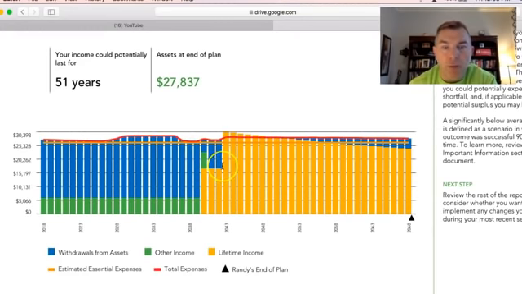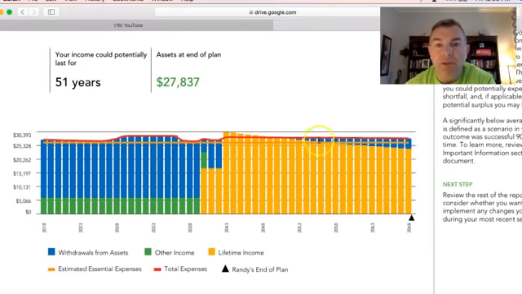Their withdrawals exhaust their portfolio right here in 2042. And now their pensions are kicking in, because both Randy and his wife have pensions. So now his pensions and Social Security kick in, and that is more than their expenses, if that makes sense.